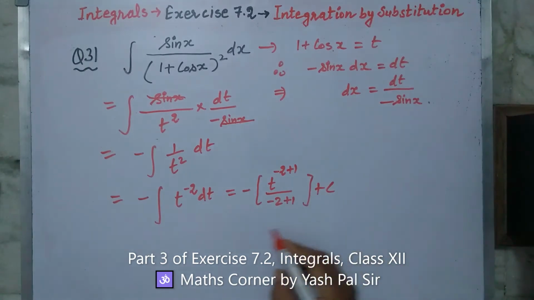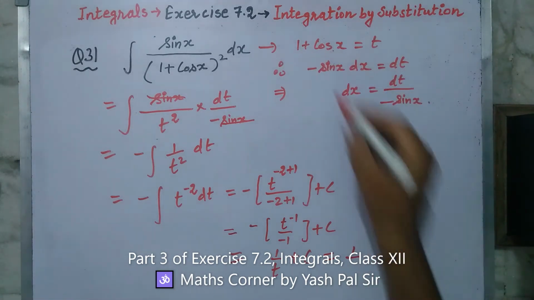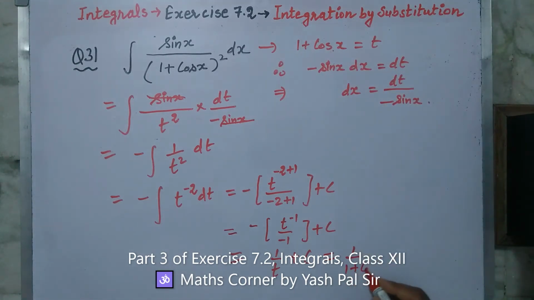So we have minus t to the power minus 1 upon minus 1 plus c. This is equal to plus 1 upon t plus c, which is 1 upon 1 plus cos x plus c.